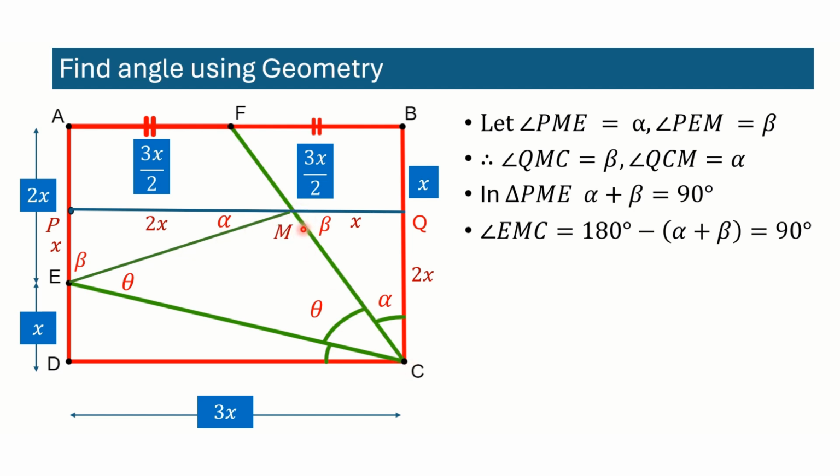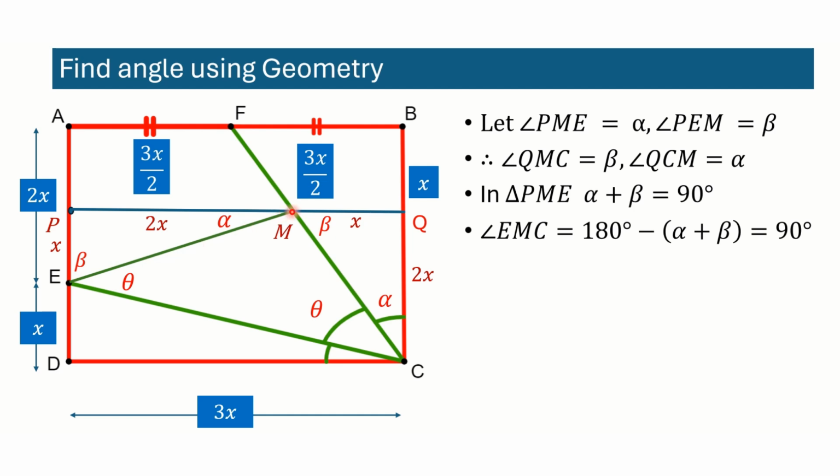This plus this is equal to 180. This means alpha plus beta plus EMC is equal to 180, but alpha plus beta is 90. So angle EMC is equal to 180 minus (alpha plus beta), which is 90 degrees.